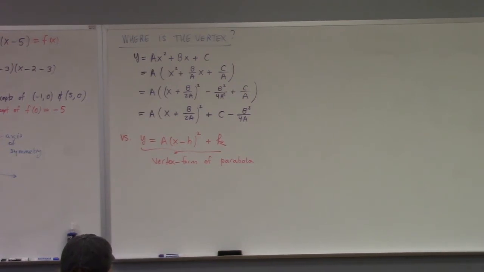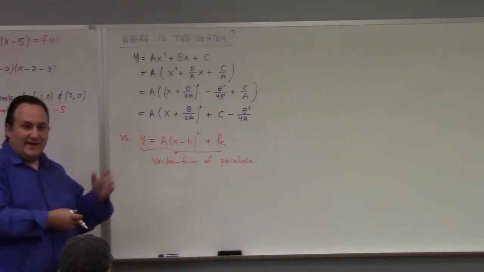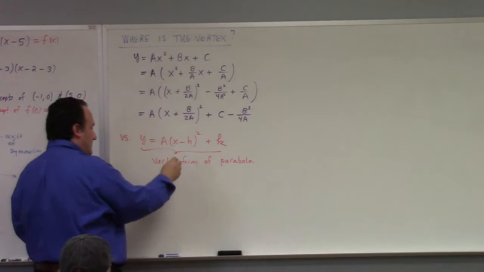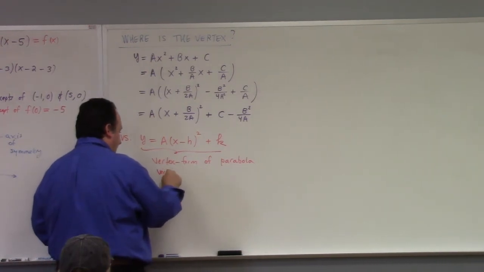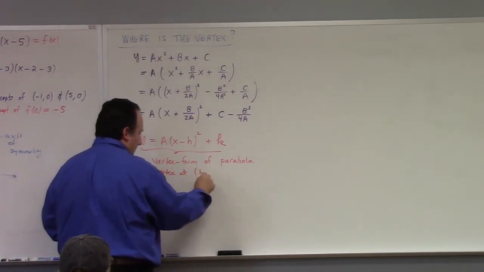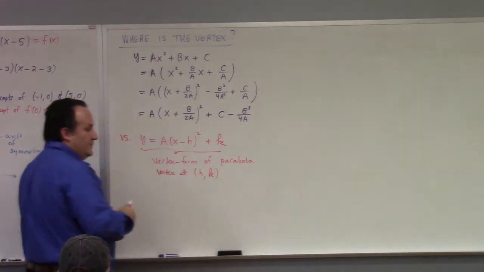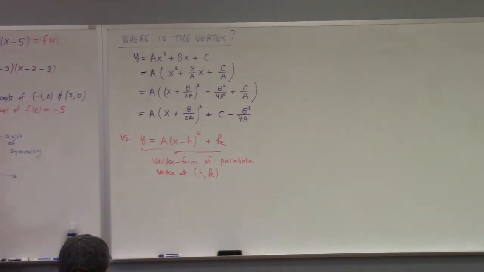It makes it clear. It's just in your face. It's right there. This has vertex h comma k, if this is the pattern. The usual notation is h comma k for the vertex. That's just standard notation.